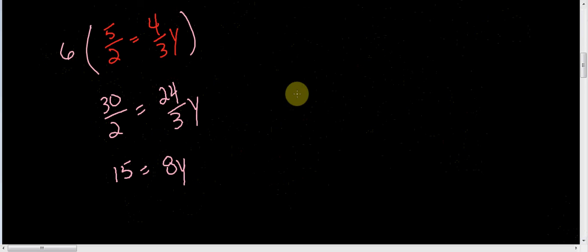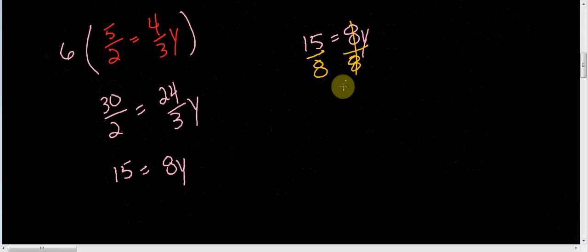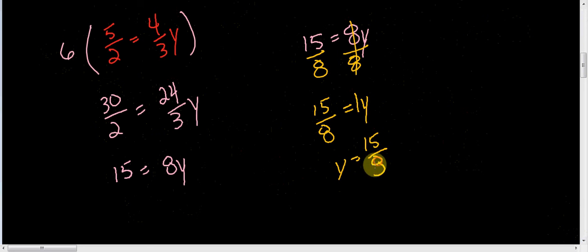And we have the y. I'm going to rewrite my problem. And if I divide by 8, that'll get the y by itself, because that's a 1 now. And so I have 15 eighths is equal to 1y, or y is equal to 15 over 8.